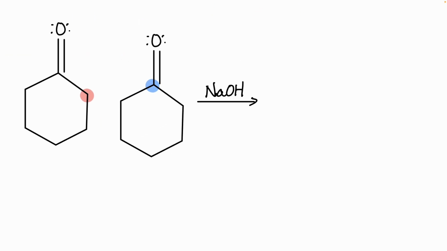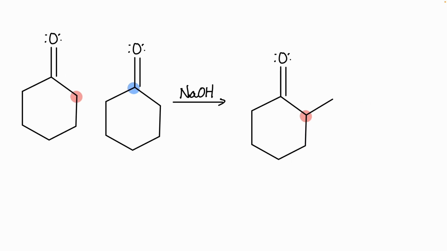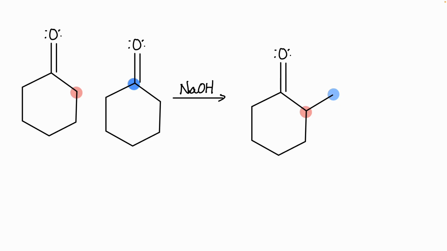So I'm going to start by redrawing that nucleophile. I'm going to put in my new bond, which means what's got to live on the other side of that bond? My electrophilic carbon. My electrophilic site is in this 6-membered ring here.